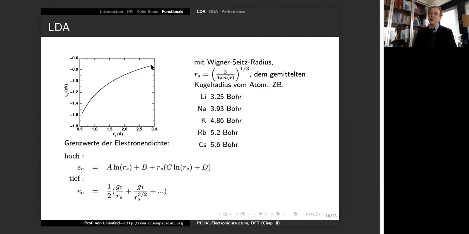So the electron correlation energy of your electrons roughly decays with the distance from your atom, as shown in this function. Now you can fit this again. These numbers come from the quantum Monte Carlo simulation. And now you can fit this, for instance, with such a function or such a function for large and small values. And like this, you can then get a numerical prediction.